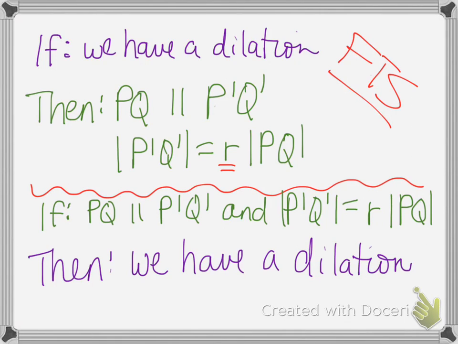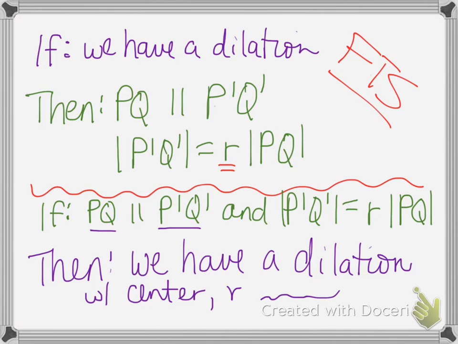The converse would be if we have 2 segments, PQ and P prime Q prime, and they're parallel and related by a scale factor, then we have a dilation, and we can find a center for that dilation. So it's going to have a center and a scale factor and all the things that a dilation has. We're going to see an example of that right now.